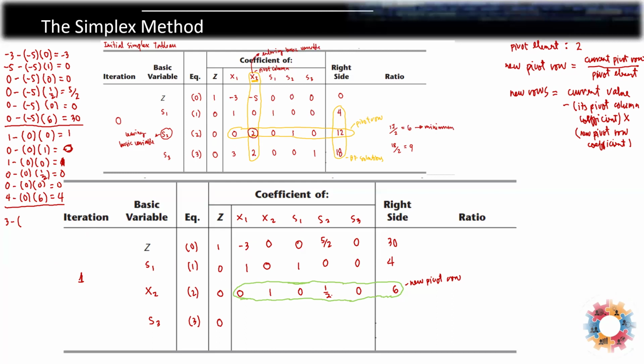The pivot column coefficient is 2. So you have 2 times the new pivot row coefficient, which is 0. So this is equal to 3.